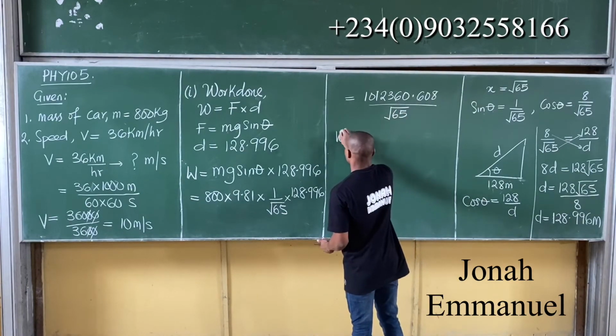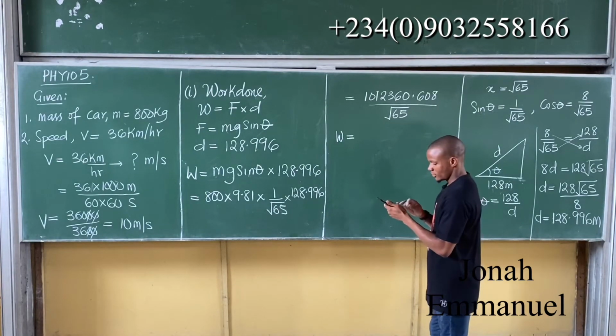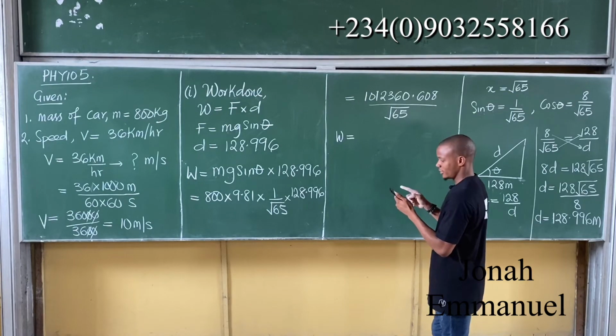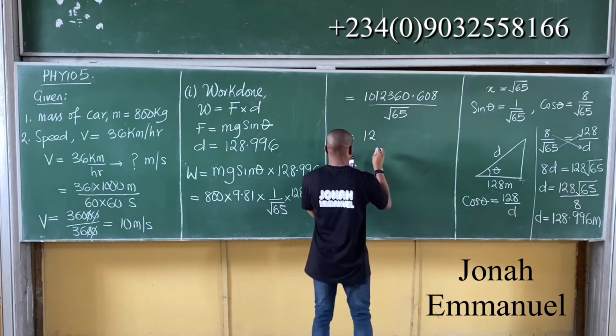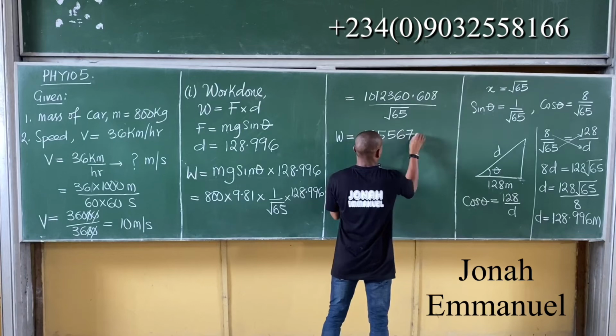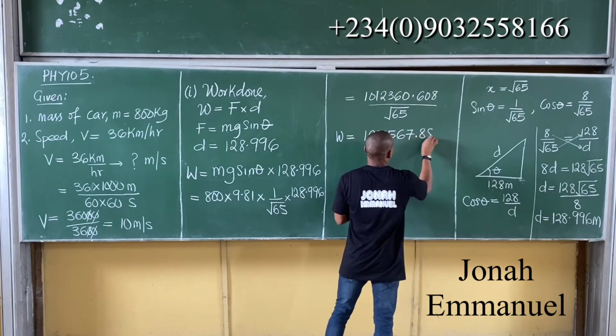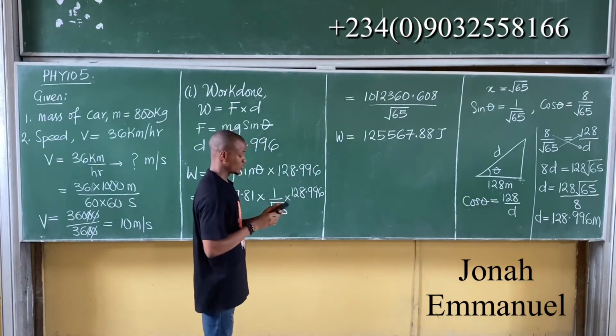So the work done is equal to, if I divide 1012360.606 by root 65, that gives me about 125567.88 joules.